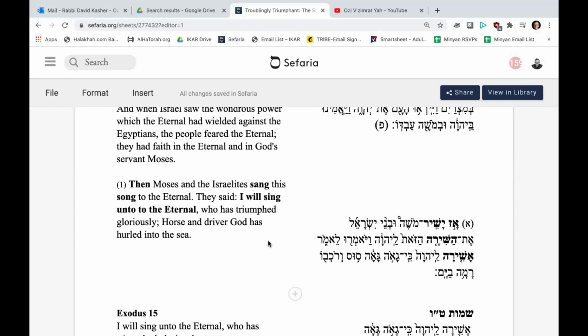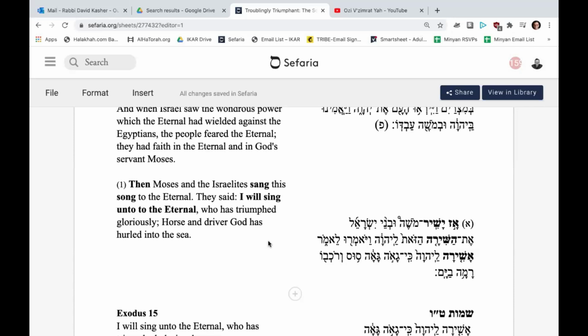Az Yashir, then Moses and the children of Israel sang, Et Hashira Hazot, this song or poem, Ladonai Vayamru Lemor, they sang it to God and they said. So far that's not poem, right? We've seen this before. There's a little bit of a declaration before the poem begins. And here the poem begins, Ashira Ladonai ki ga'o ga'a.